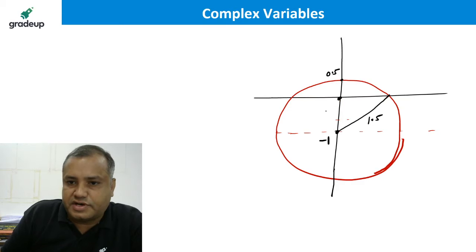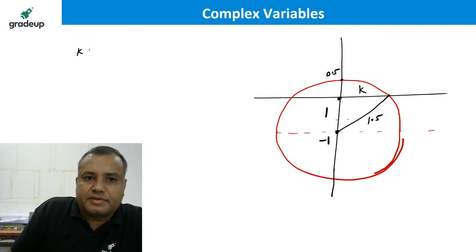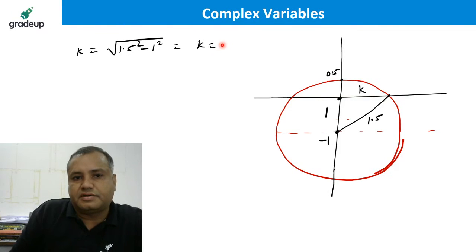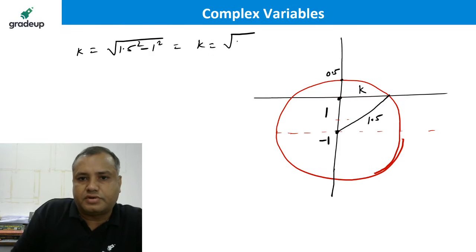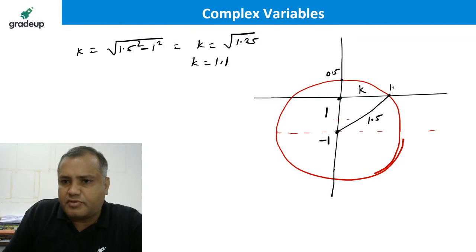This distance is 1 unit. Can you calculate this distance? Let us say this distance is k. By Pythagoras theorem, k will be under root 1.5 square minus 1 square. So k will be under root 1.25. So k will be 1.1. So this point will be near about 1.1.